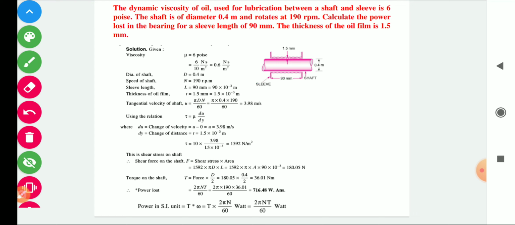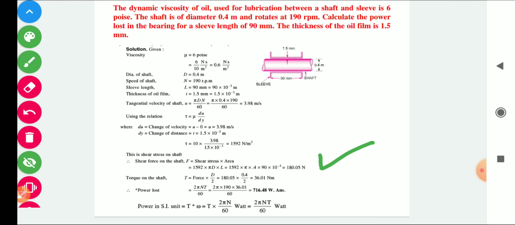With the help of these we can calculate the area, that will be equal to pi dl. So shear stress 1592 multiplied by area, that is pi dl. If we put the values of these parameters, the final value of shear force will be equal to 180.05 Newton.